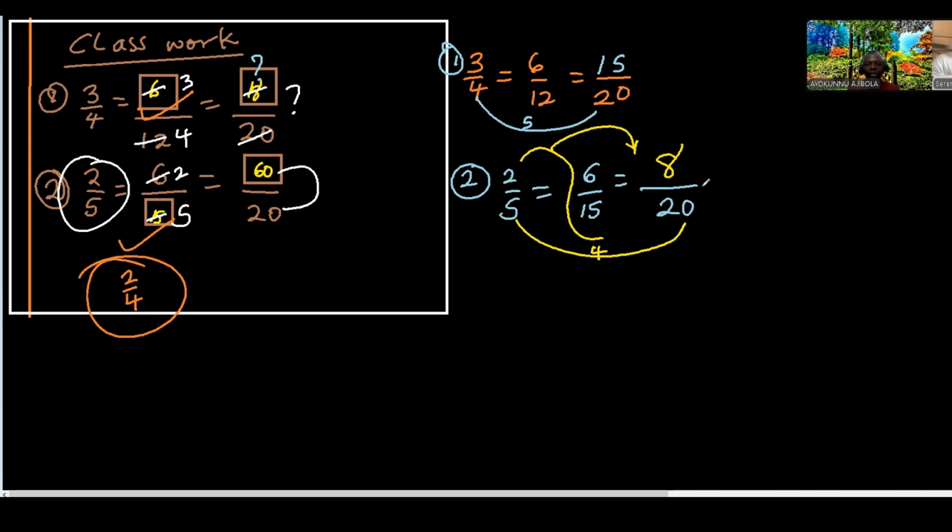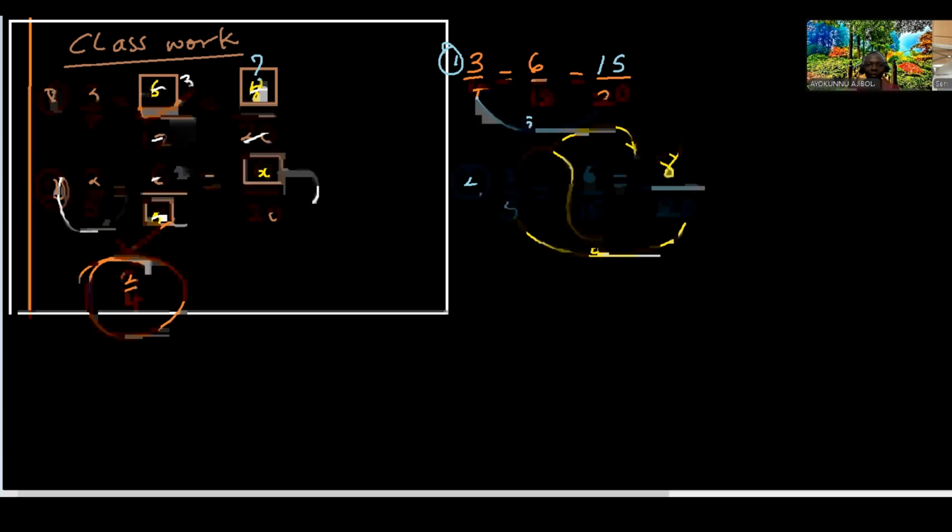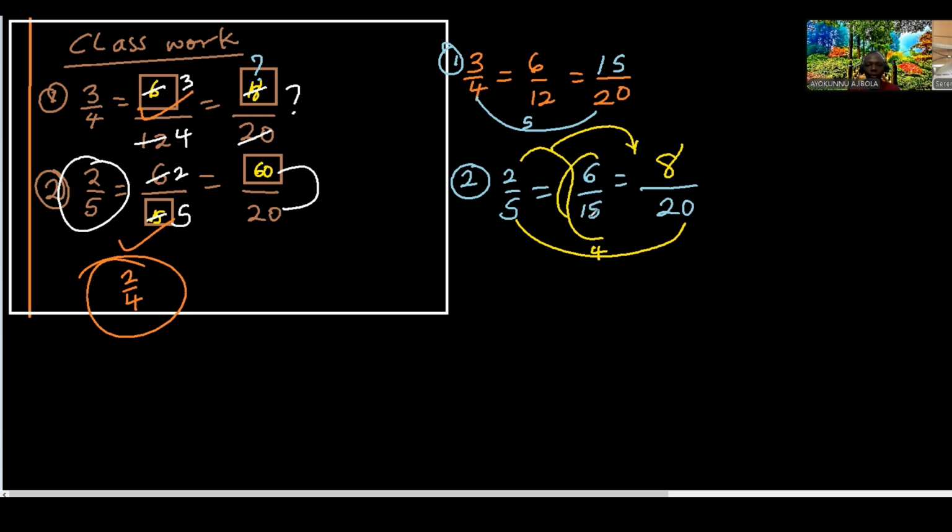So the answer should be 8 and not 6, okay? This one is correct, but this one is not. This is 8 over 20, okay?